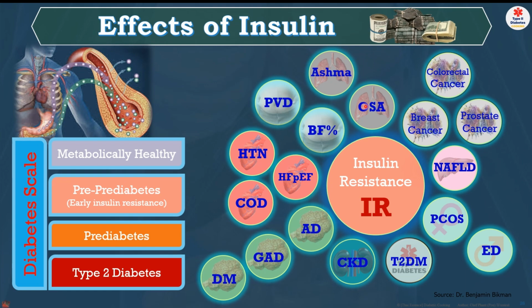With this, you can have colorectal cancer, breast cancer, prostate cancer. Everything is possible for any of these cancers when you're insulin resistant. And then you can have non-alcoholic fatty liver disease. You're going to get that too.